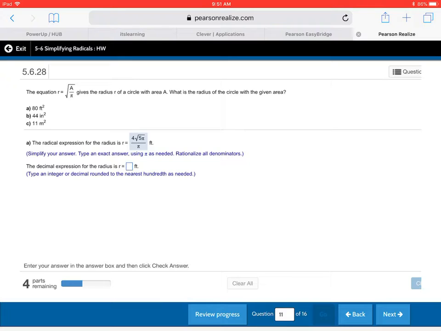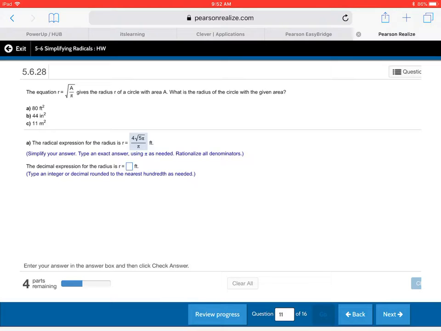Let's see, and I'm looking for my square root. It's on my phone. Where's my square root button? I'm just going to type in square root of 5 pi.